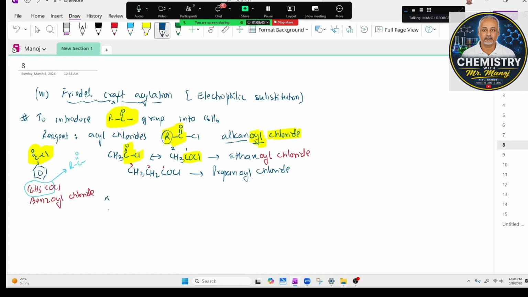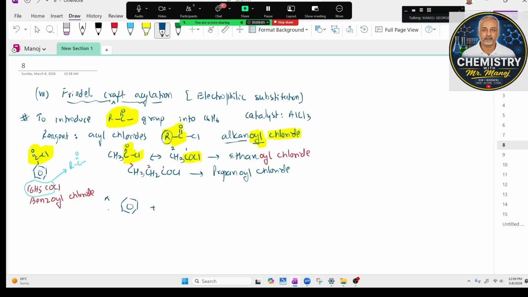Let's do Friedel-Crafts acylation. So I want to change this. Of course, the catalyst once again stays the same, AlCl3. The halogen carrier stays the same. No change there.